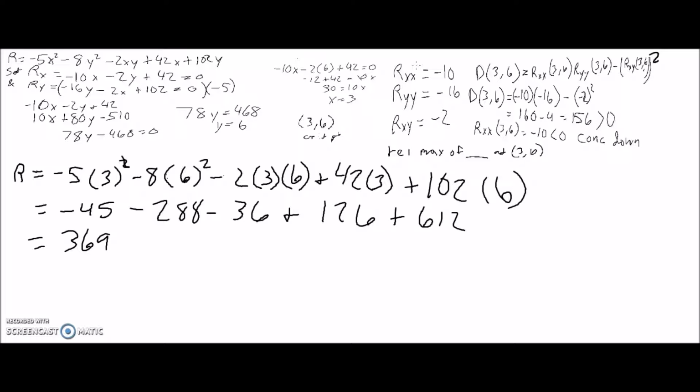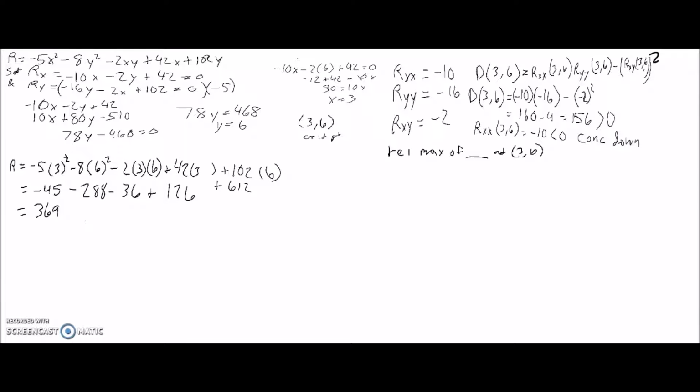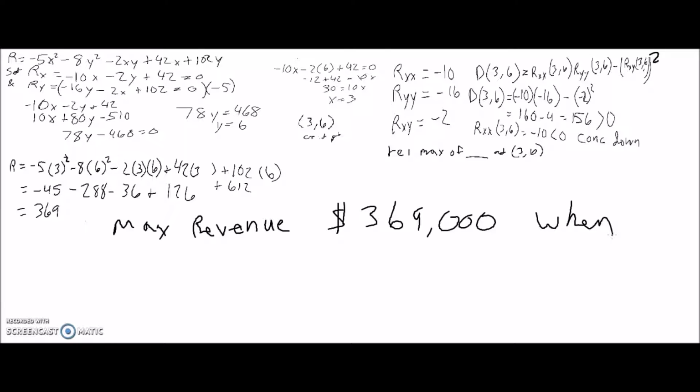So this means that the max revenue will be $369,000 when the company sells 3,000 of the running shoes and when they sell 6,000 of the basketball shoes.